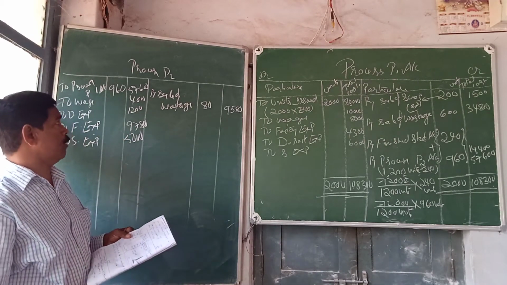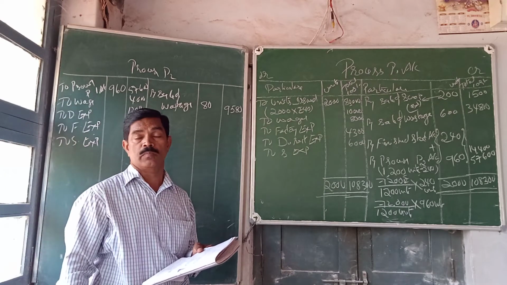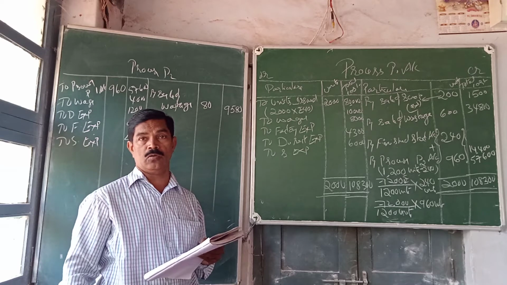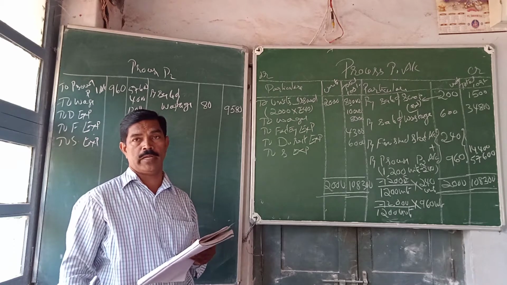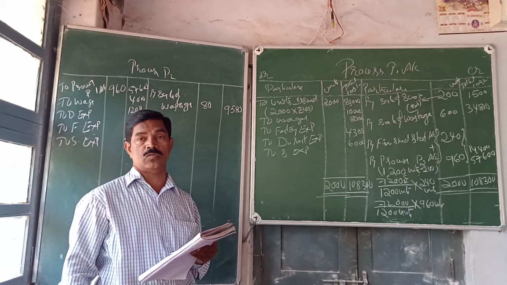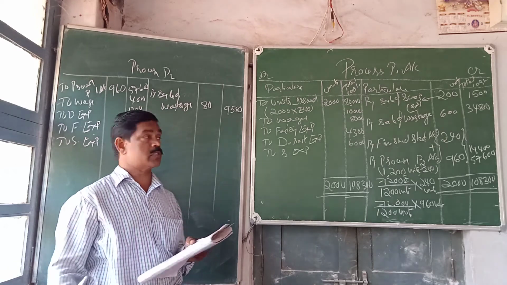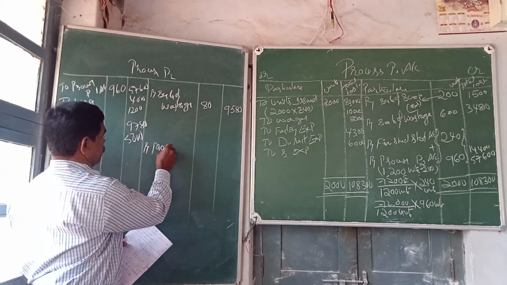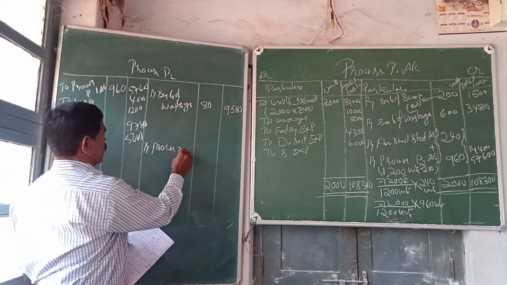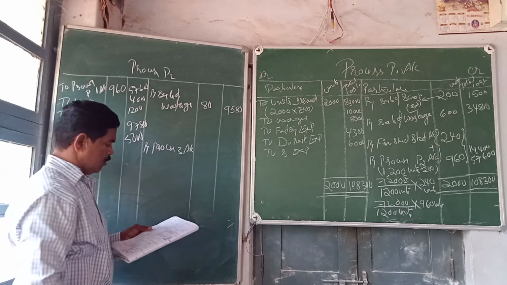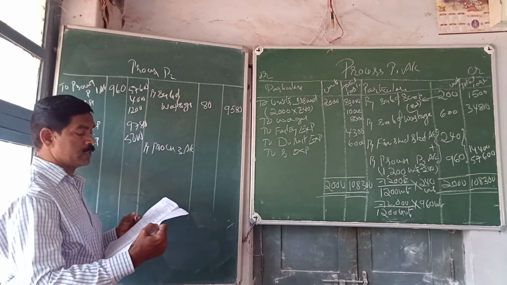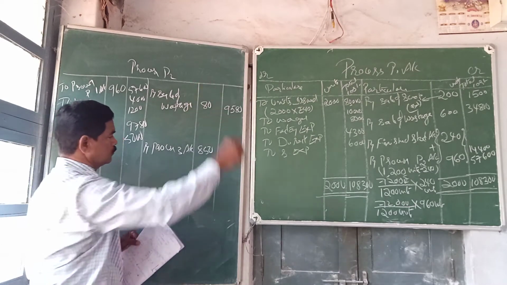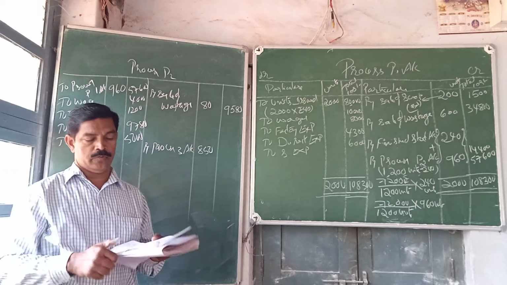So when output of P2 is transferred to process 3, debit process 3 account, credit process 2 account. So in process 2 account, by process 3 account, the output is 850 units. Value we have to find out.